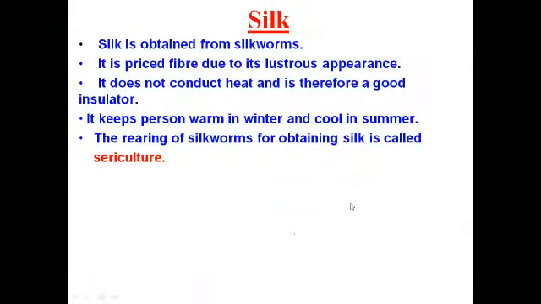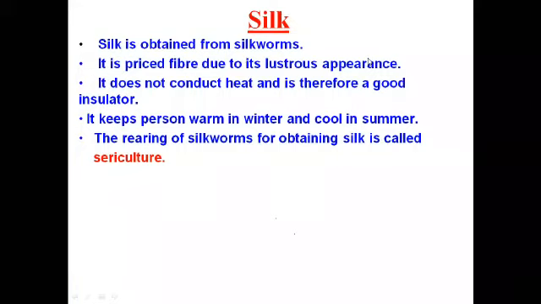Silk. Silk is the finest cloth that we wear because of its properties, that is its shiny nature, its long-lasting durability, and its soft texture. Silk is obtained from the silkworm.